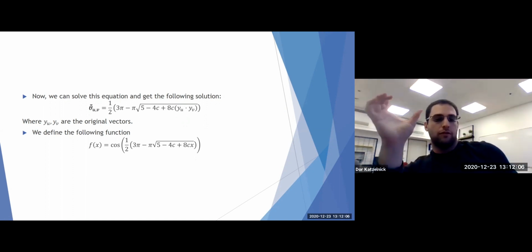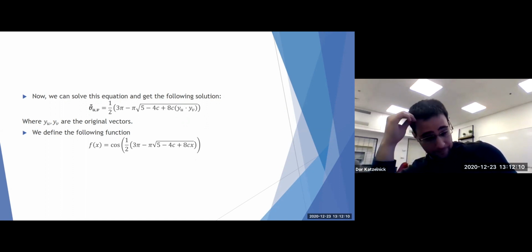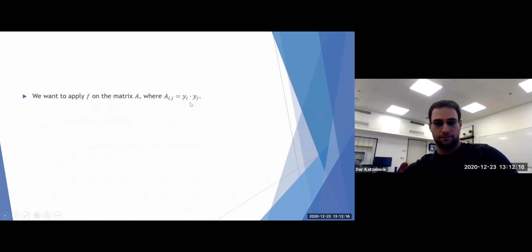And you can see that if we apply f on the matrix A, where this matrix A is the matrix of the inner products between vectors in the original solution, then you get the required solution.